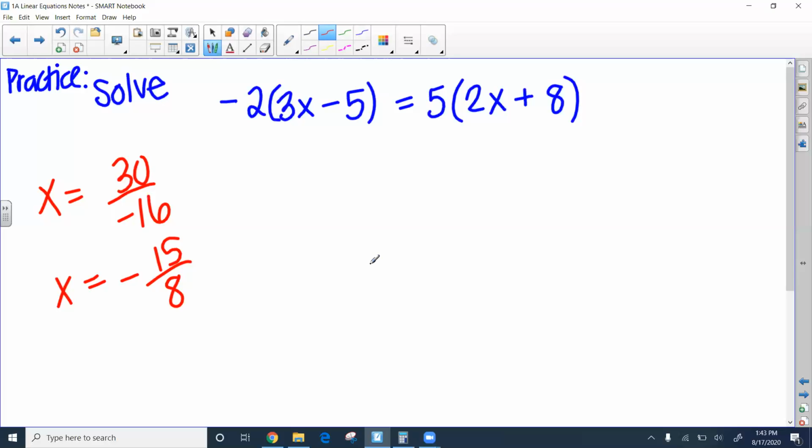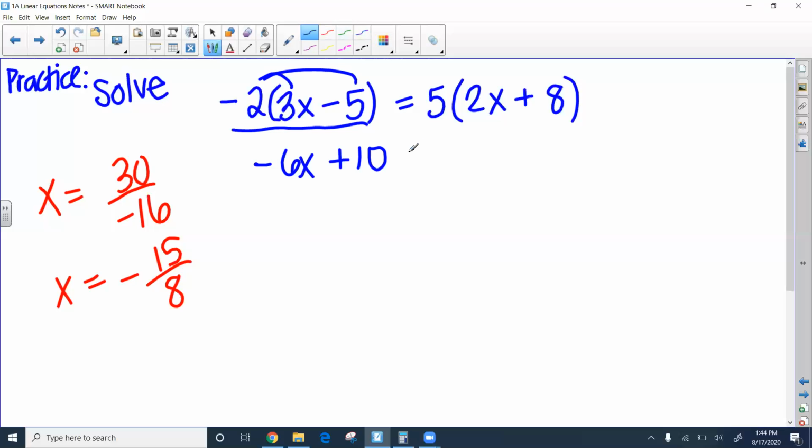So that's just something to watch out for. So let's go through this. I'll try to go fairly quickly because I think most of you are on the right track, but just maybe had a small error. So on the left side, we want to simplify the left side and the right side separately. On the left side, I would distribute the -2, and that would give me a -6x and a plus 10.